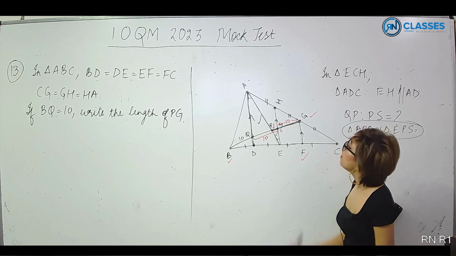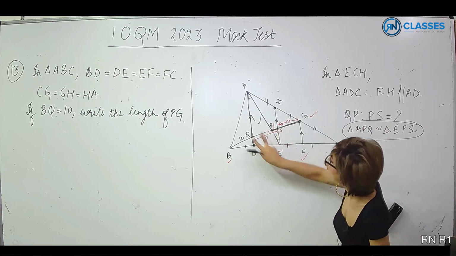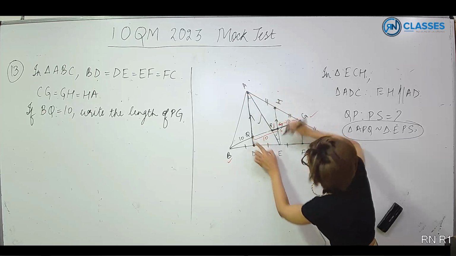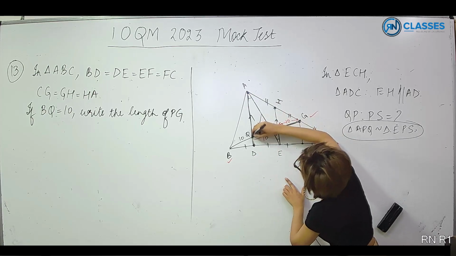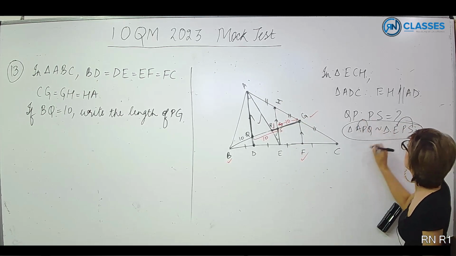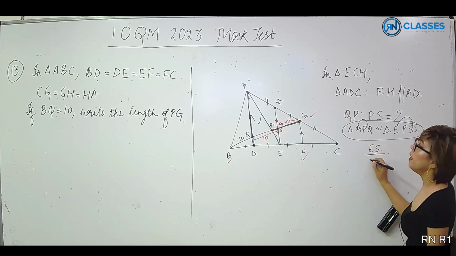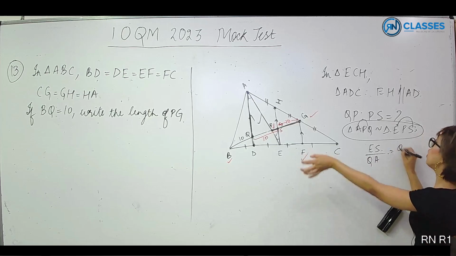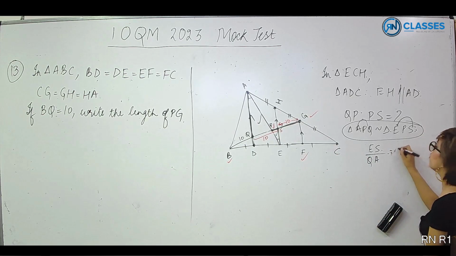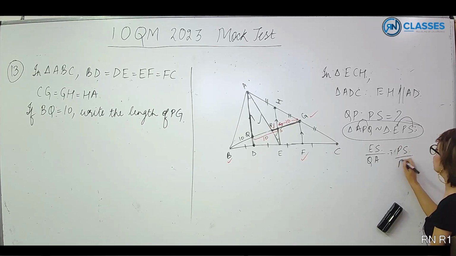Right? Okay. So if I want to find out this by this, so maybe I can find ES by QA. You can see that also. This will be equal to QP by PS. In fact, I have written it opposite, so this will be equal to PS by PQ.